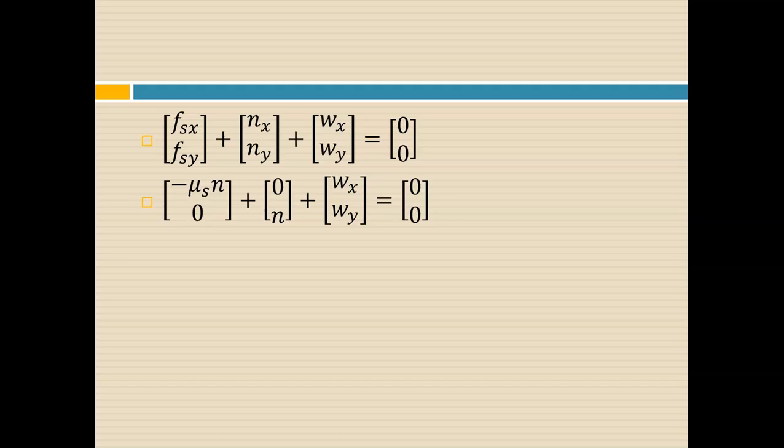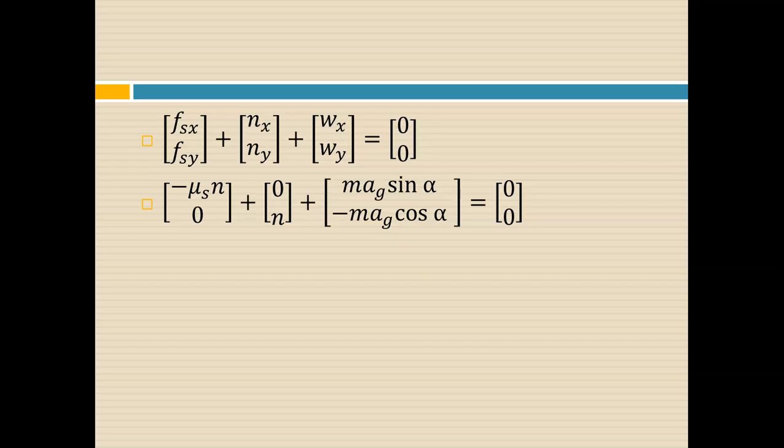And for our weight components, we replace that with positive m a sub g sine alpha and minus m a sub g cosine alpha. Those are our x and y components respectively. And again, if the normal force is pointing in the positive direction, then the y component of the weight has to be pointing in the negative direction.